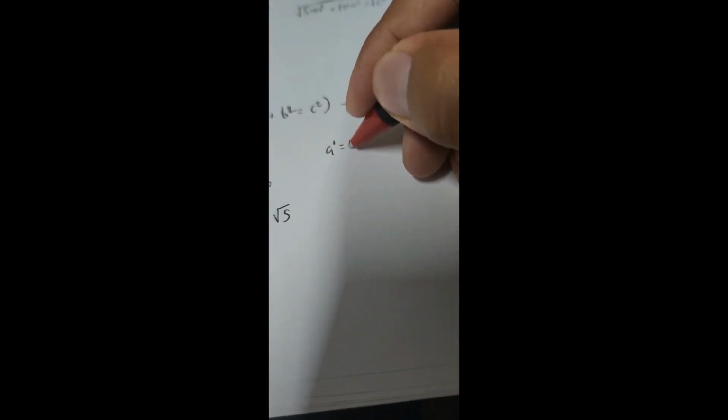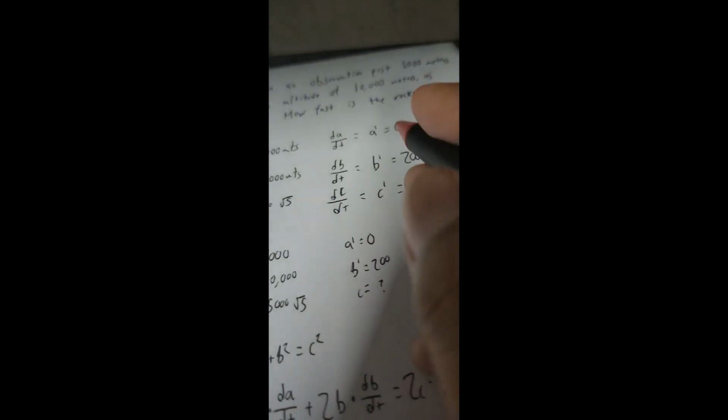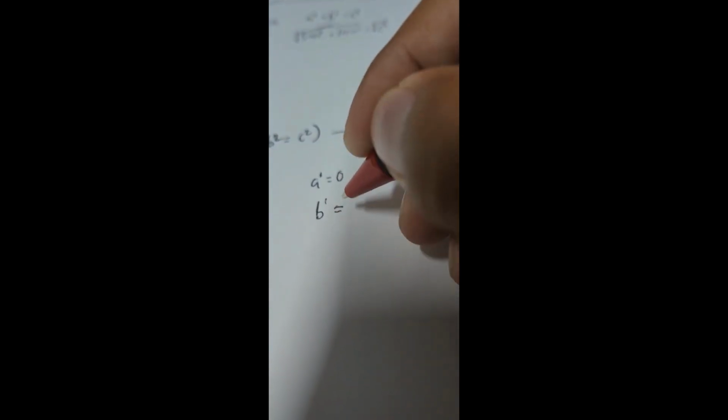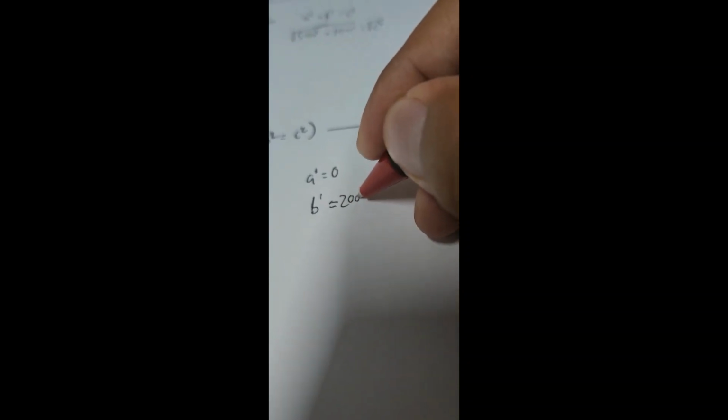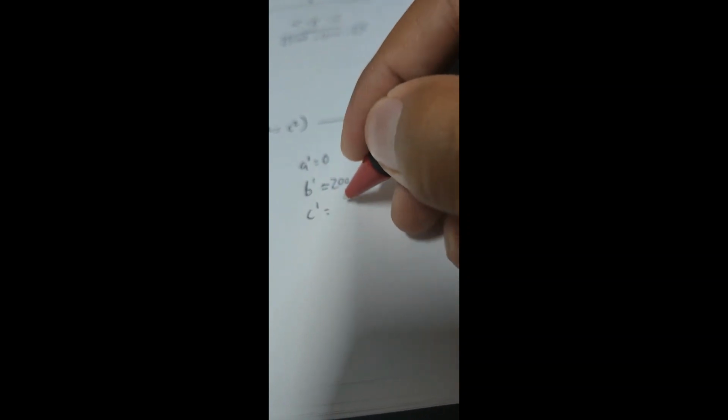Now we need these values. I'm going to write them right here to have easy access. When we have this equal 0, b prime equals 200 meters per second, and c prime we don't have.